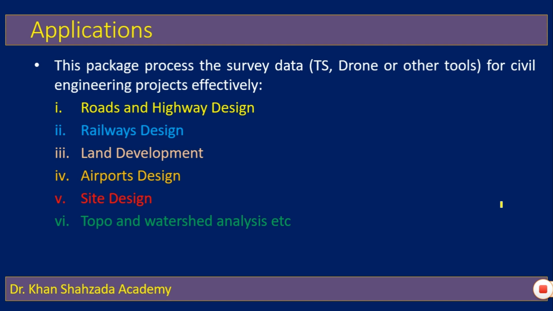First of all, we must have surveying data, and this surveying data is gathered using a total station or drone surveying or any other appropriate tool. So once we have this data regarding any of these projects, then we can process the points with the help of Civil 3D software.